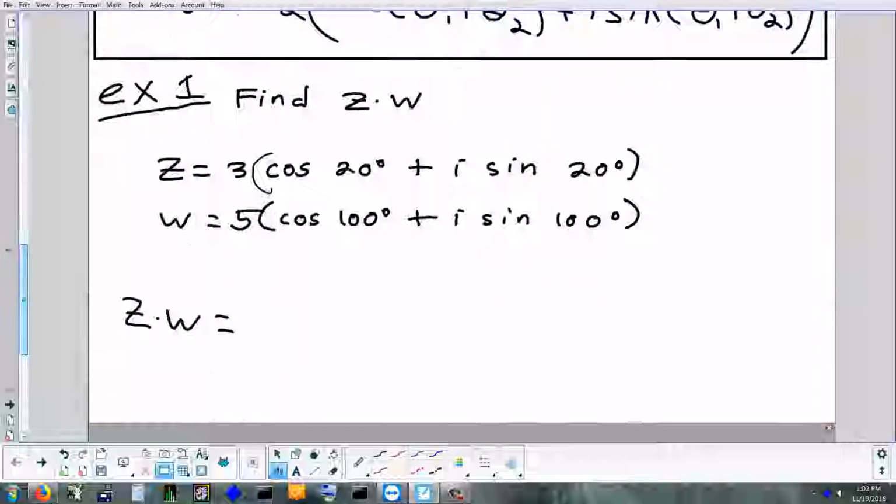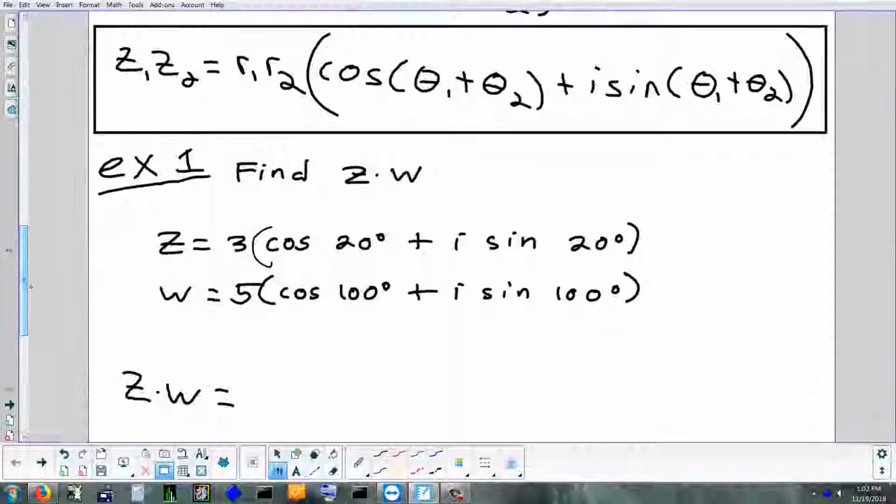Let's see what we got. Let's start with z times w. Tristan, what's my radius for z? I'm not sure. I wasn't here Friday. Oh, you weren't here Friday, so you missed how to write this. Elise? 3. So my radius for z is 3. What's my radius for w?